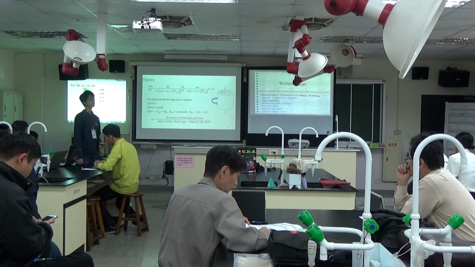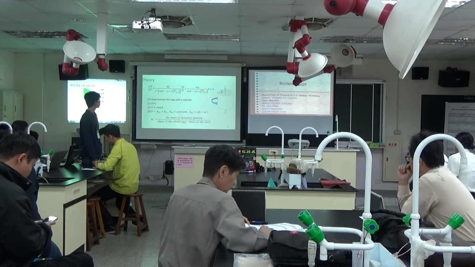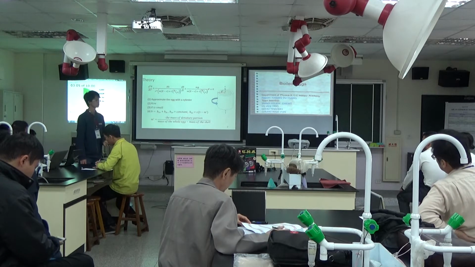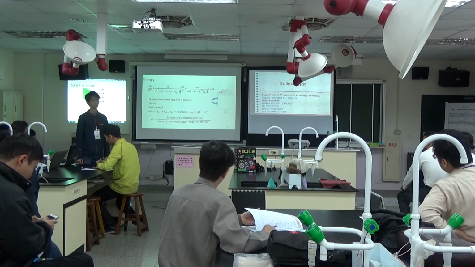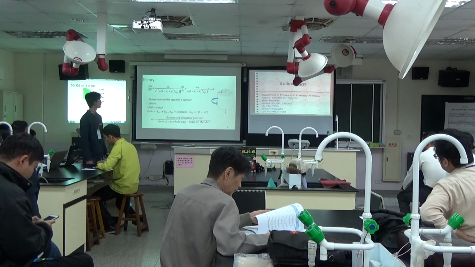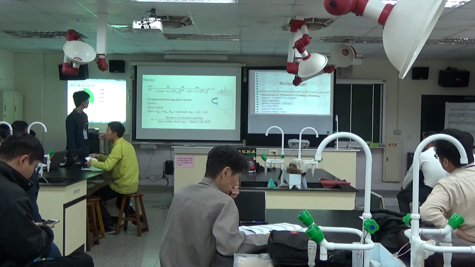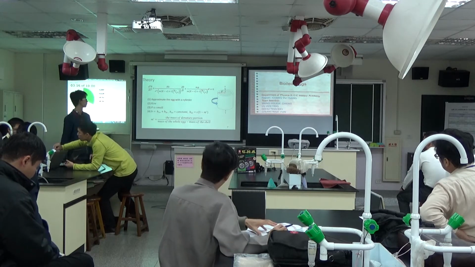To further simplify the equation, we have four assumptions. First, we approximate the egg with a cylinder. Second, we assume that the radius of the wheel frame is much bigger than the radius of the egg. Third, we assume that theta is small.